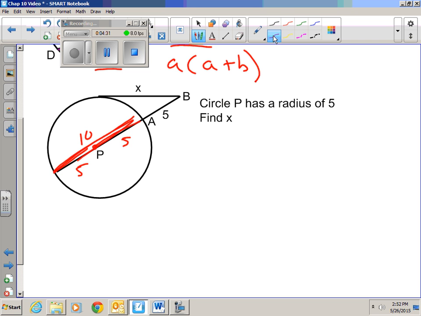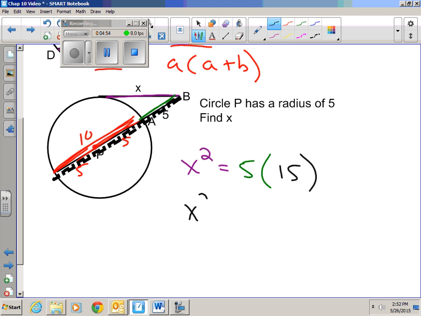We'll do that in purple. The outside piece is X, that's X squared, is equal to the outside piece, we'll do that in green, that's 5, times the entire secant piece, which is 5 plus 10, which is 15.